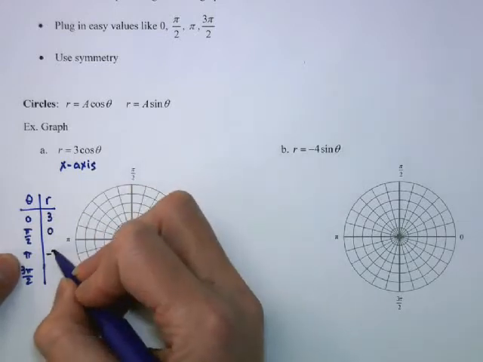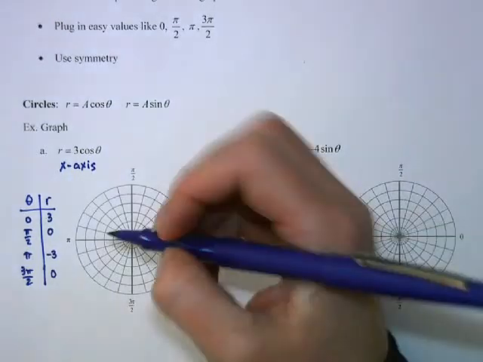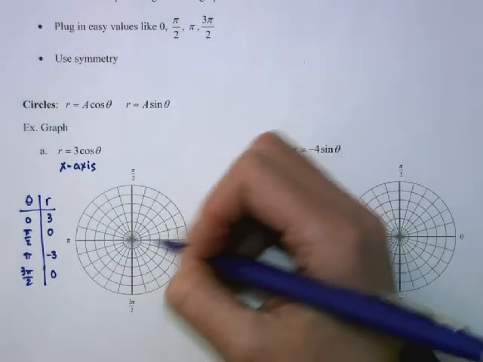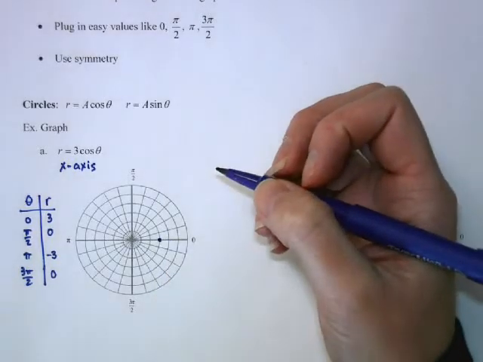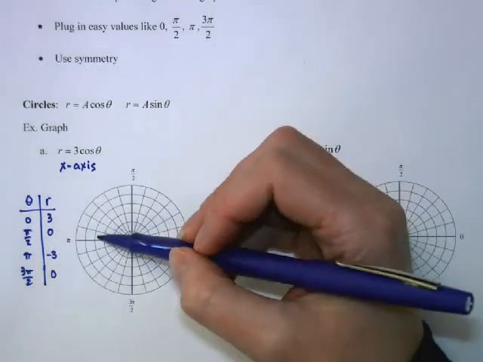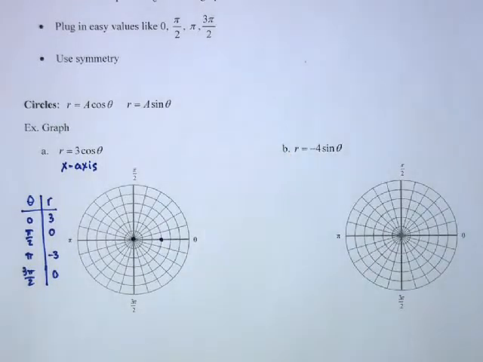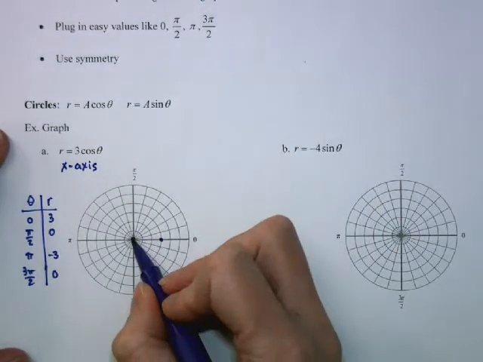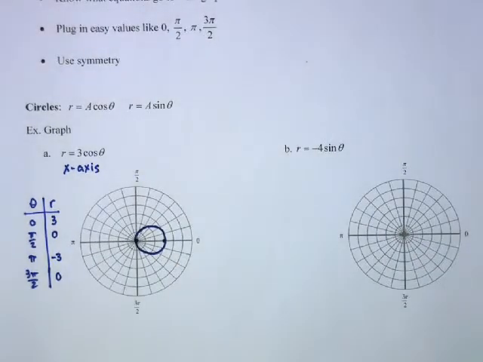Pi is negative 1, so this would be negative 3. 3 pi over 2 is 0. Okay, so at 0 degrees, we're at 1, 2, 3. At pi over 2, we're at 0. At pi, we're at negative 3, which ends up back at this point. So we have these 2 points, which isn't super helpful, but we know this is a circle, and we know that it's symmetric to the x-axis. So we'll just fill in the rest as a circle.